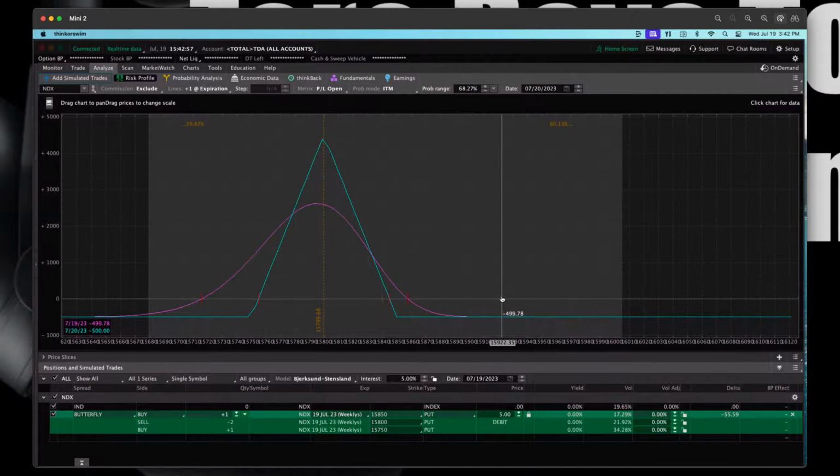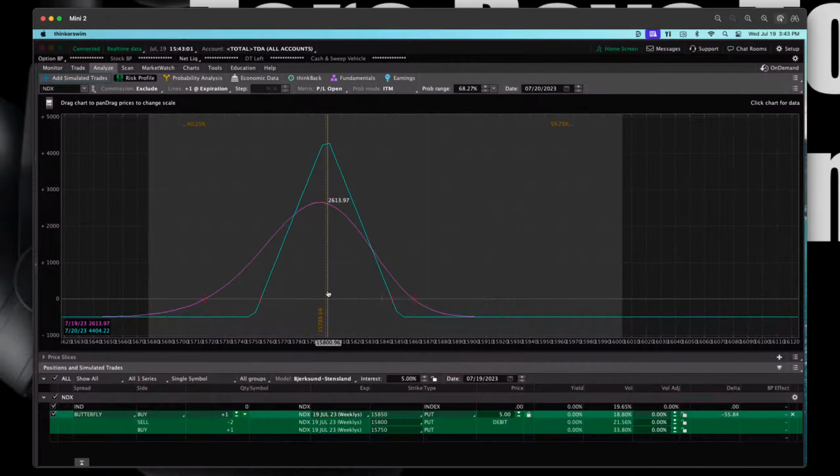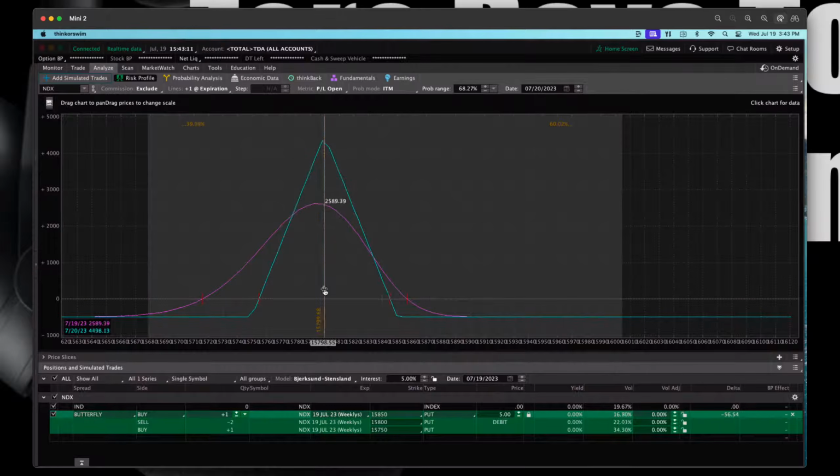Now it started way out here, and then it moved all the way in right to the center, and then it moved back, and then it's moving up again. Now it could move all the way back to the center, and if you were to hold on to it, you would make a lot more money, because there's still another $2,000 of profit potential left in this trade, which is pretty crazy.